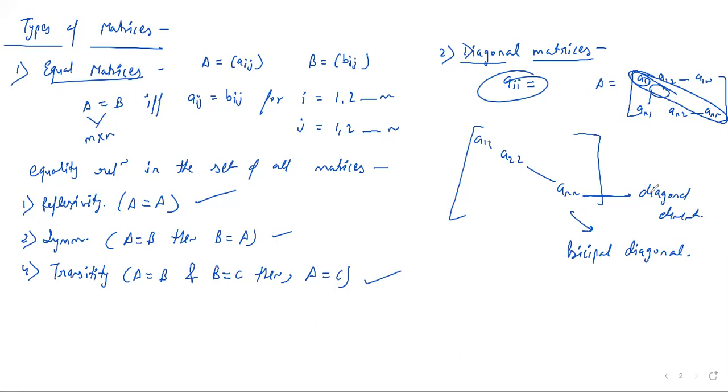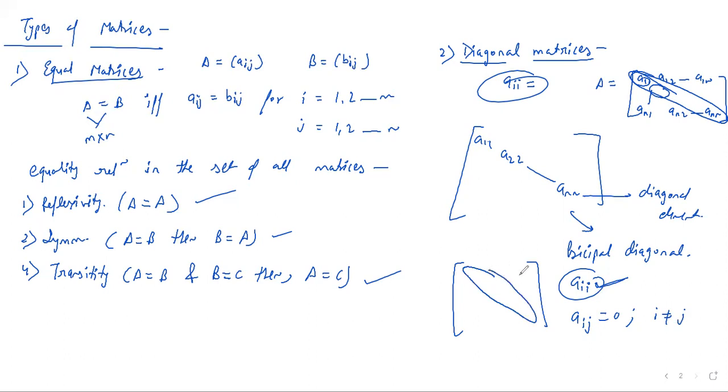These are my diagonal elements, and we say that the matrix is diagonal when all the diagonal elements take some value and all the other elements, that is Aij, are equal to 0 for all i not equal to j. That means all the off-diagonal elements, like A12, A21, A23, A31, are equal to 0.